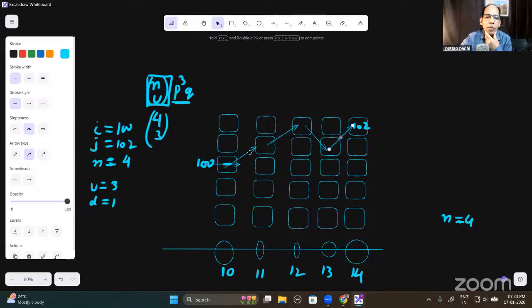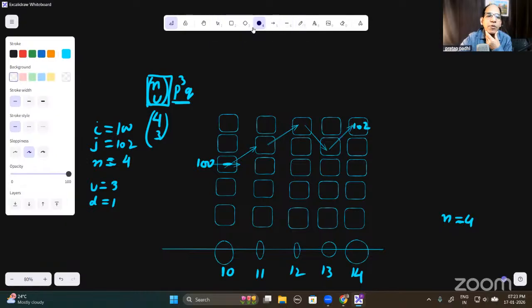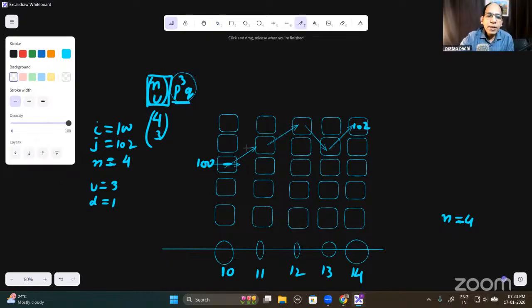Possible? 3 wins, 1 lose. Ultimately this must be satisfied. Why are you multiplying? When I say this and this, you multiply probabilities. But for one path and then the next path, the probabilities add. That's where you are adding, 4 times. That means multiplying by 4: 4 p cubed q. We're adding all these probabilities 4 times.